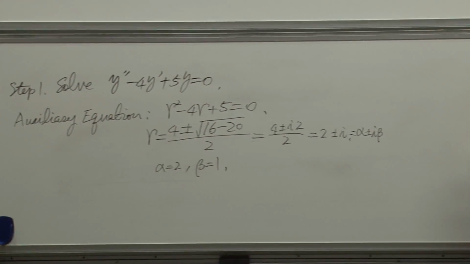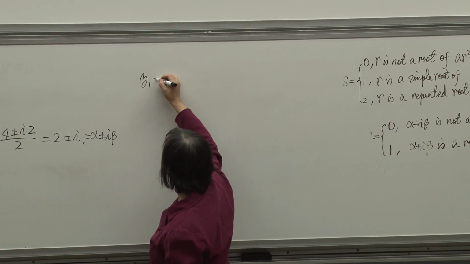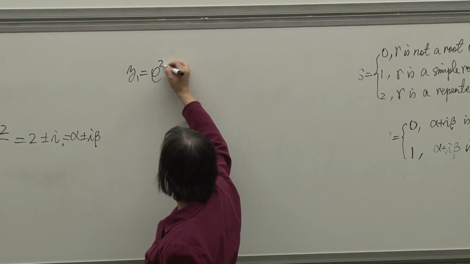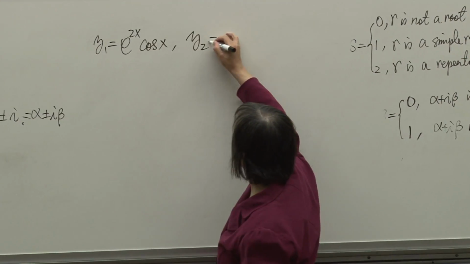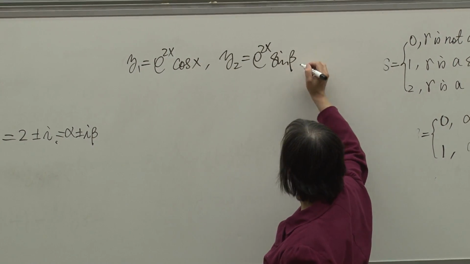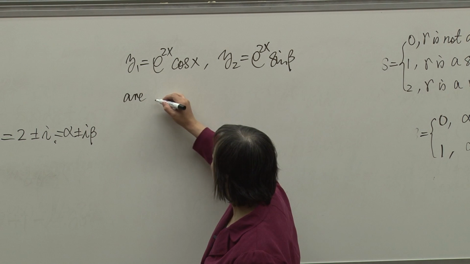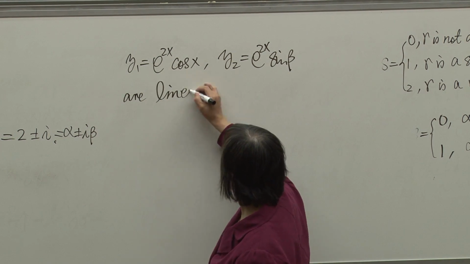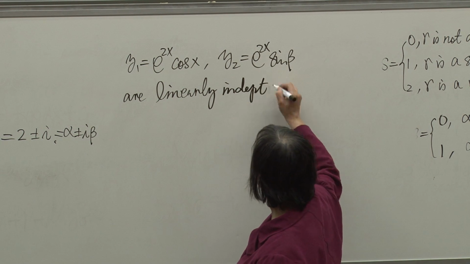So in this case, we get y1 equal to e to 2x cosine of x, and y2 equal to e to 2x sine of beta x, as two linearly independent solutions.